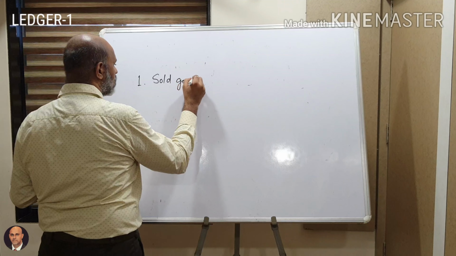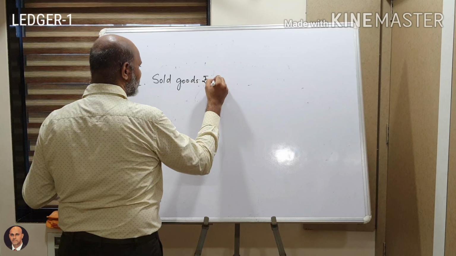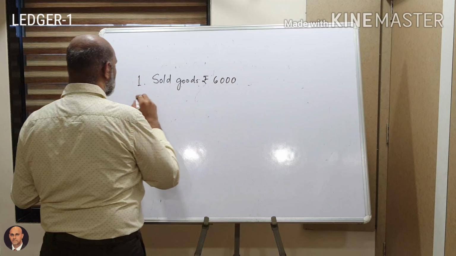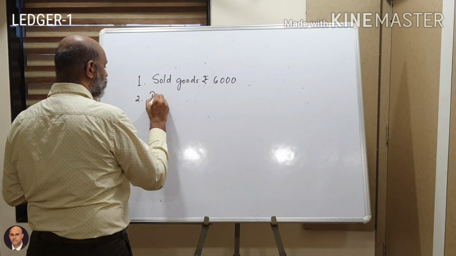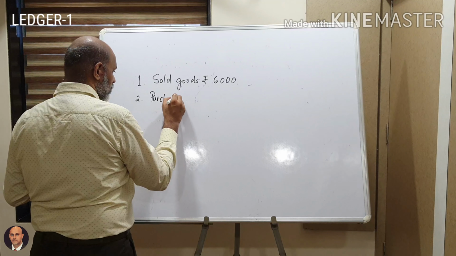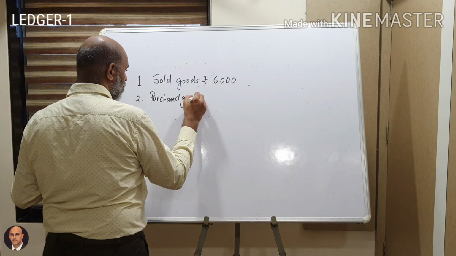First, sold goods rupees 6,000. Second, purchased goods rupees 4,000. Third, received cash from Nikita rupees 10,000.